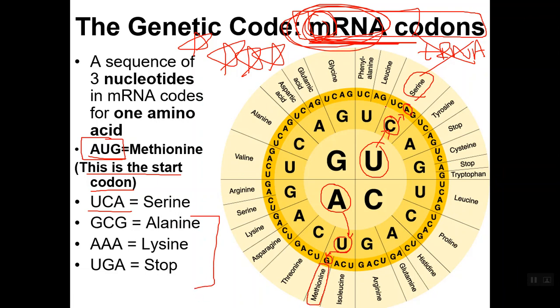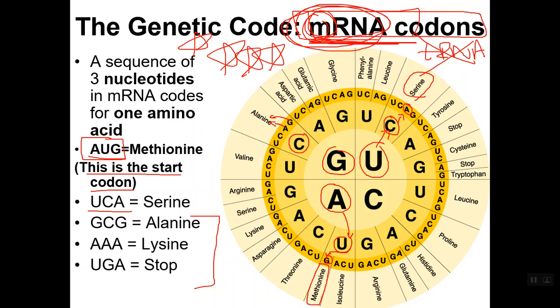Some interesting things about this codon chart. What you're going to notice is there are redundancies. Certain codons get you the same amino acid. So let's go over here to G, C, G, which will get you alanine. So will GCA.